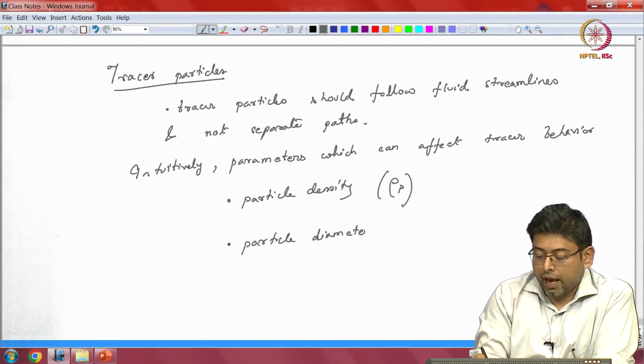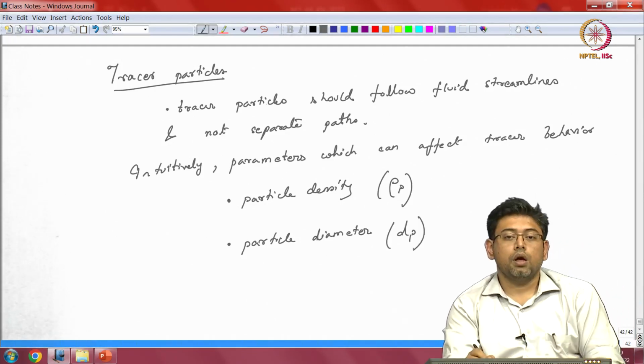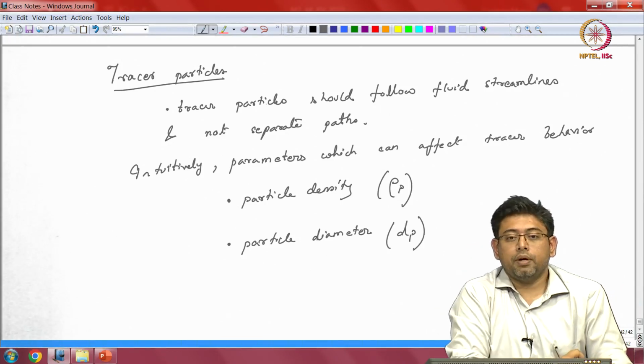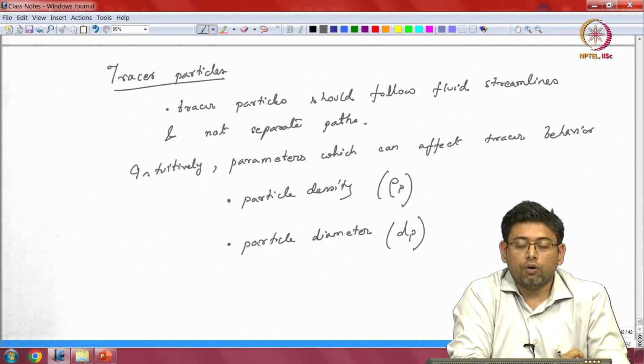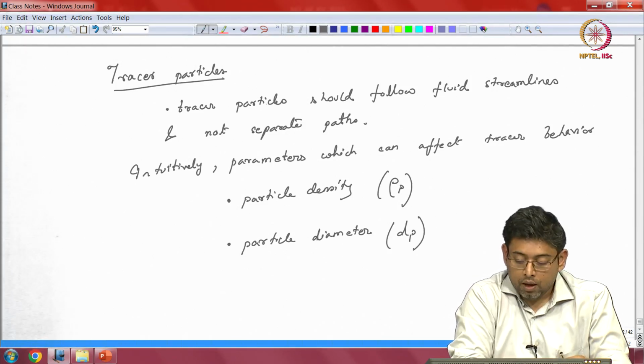The diameter should be as small as possible, right. So, you have these different parameters which will actually impact how faithful a tracer particle is in following fluid flow.